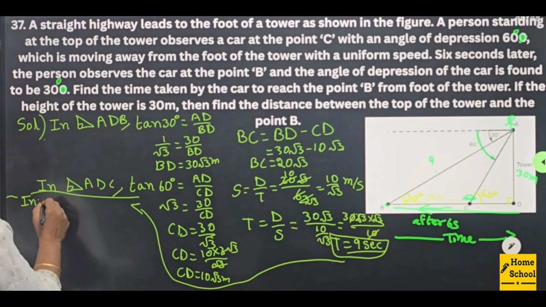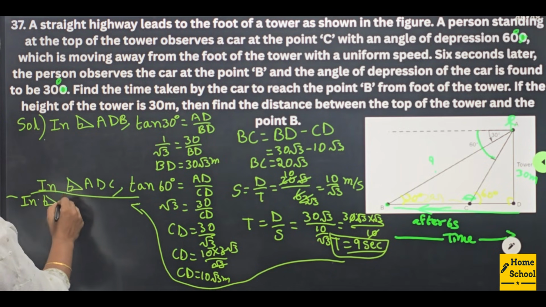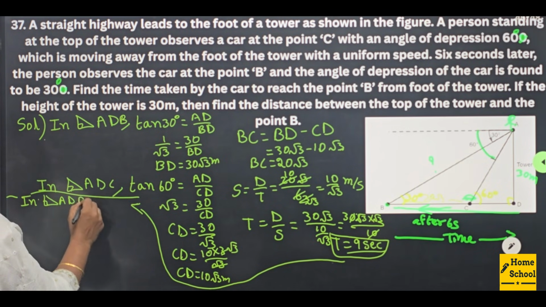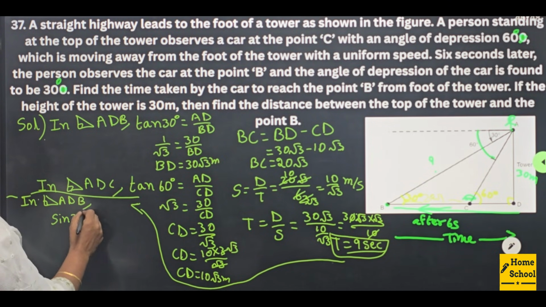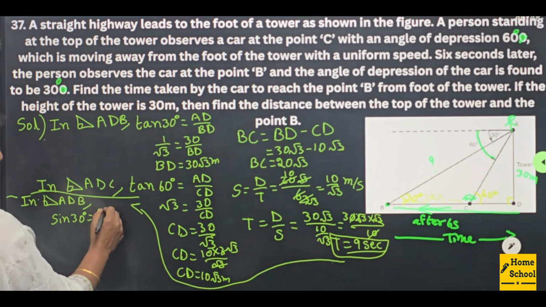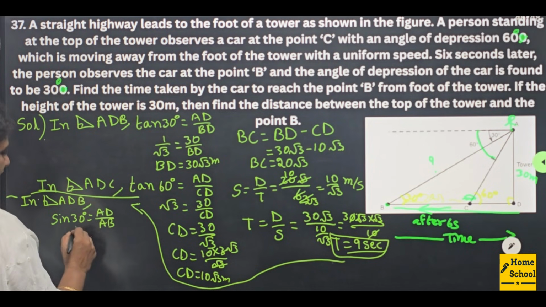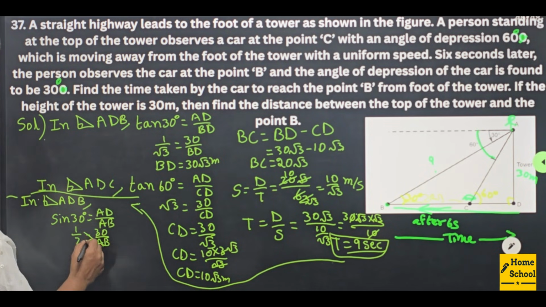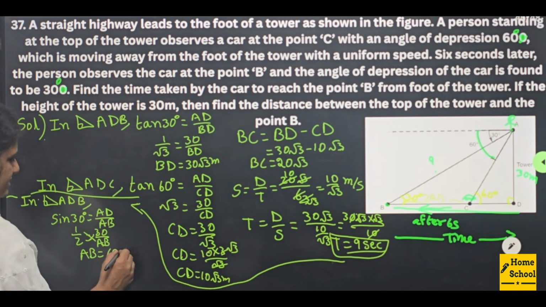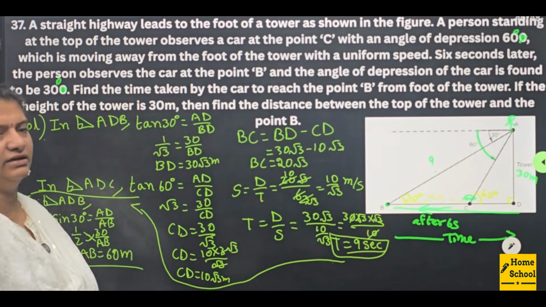In right triangle ADB, sine 30 degrees is equal to opposite AD by hypotenuse AB. Sine 30 value is 1 by 2. AD is 30, AB we don't know. Cross multiply. AB is equal to 60 is your answer. That is 60 meters.